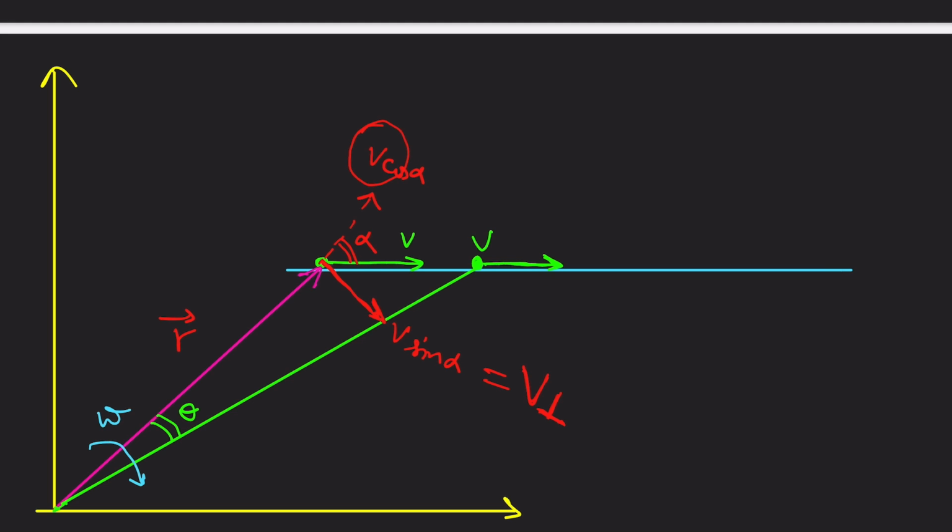Okay, so how do we define the angular velocity? If you remember, I have written that this v vector would be equal to omega cross r, where this should be the velocity component which is making the particle rotate.